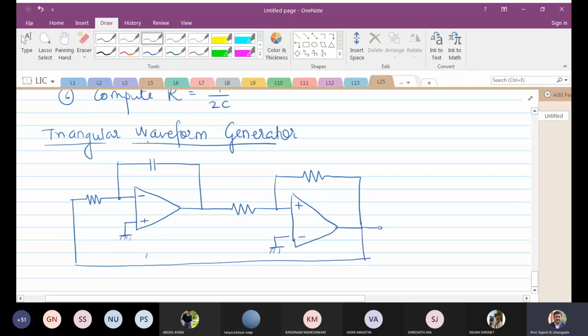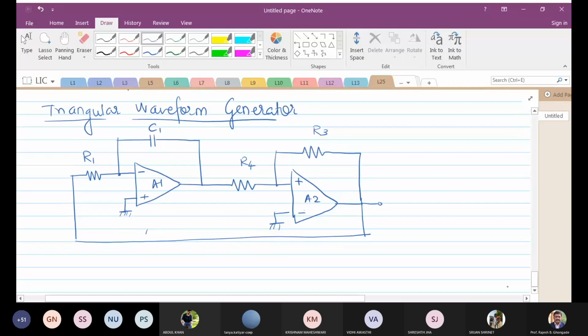So this is C1, this is R1, this is our first op amp, this is our second op amp, A2, this is R3, and this is R2. Now tell me, there are two different circuits in this. Can you find out what are they?